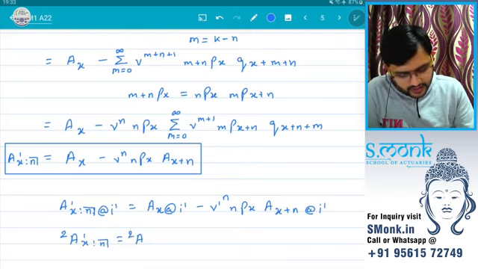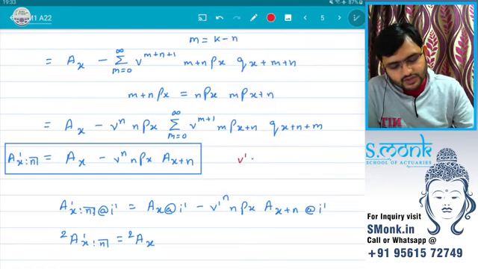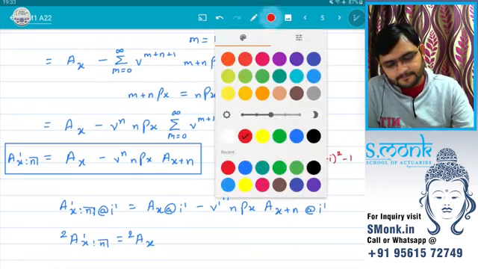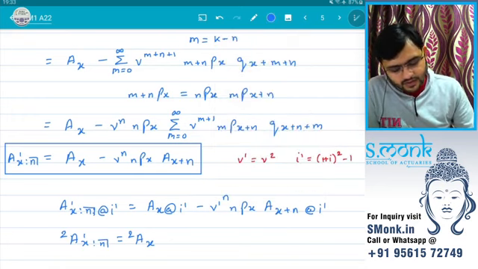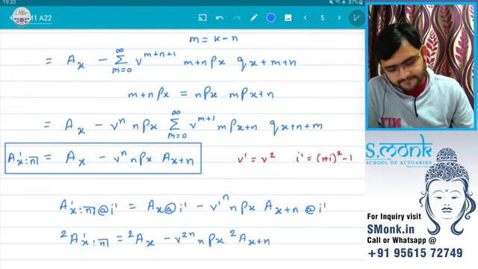But this v dash is what? Again, if you want to write, our v dash was v squared, and therefore i dash was 1 plus i squared minus 1. So this becomes 2ax minus v raised to 2n, npx, 2ax plus n.